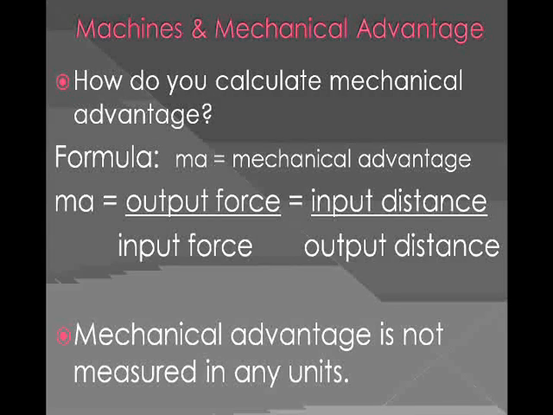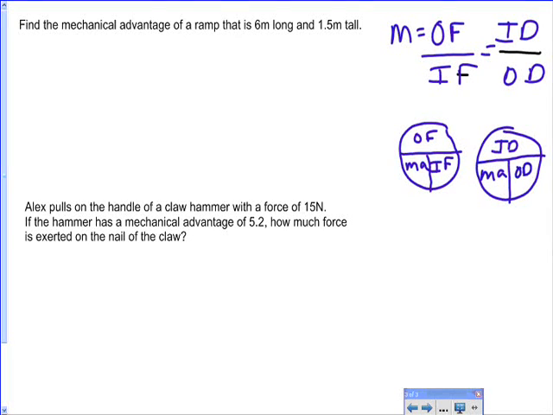Now, let's go ahead. We have some practice problems, but we're going to do these together because they're a little bit different. All right, find the mechanical advantage of a ramp that is 6 meters long and 1.5 meters tall. So this is what I was talking about earlier, but I'm going to help y'all with this to see a visual picture. Now, it says 6 meters long. That means right here. And then it's 1.5 meters tall.